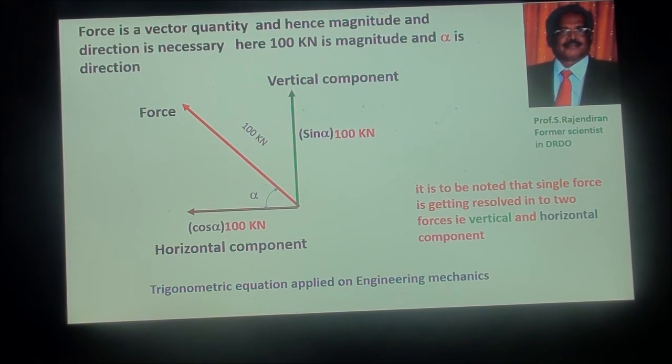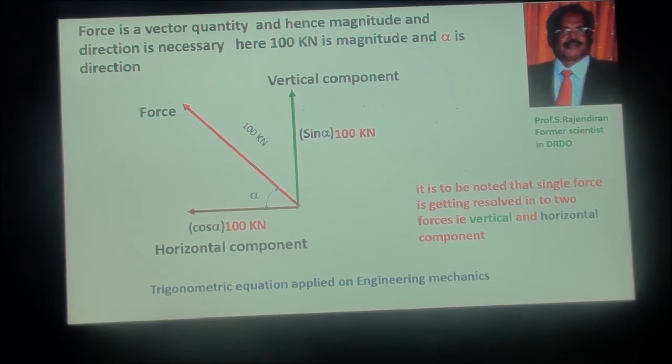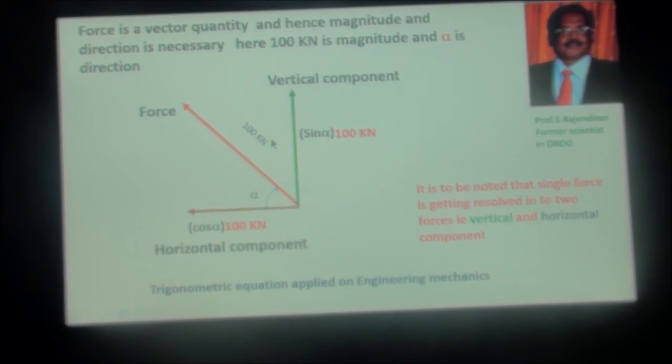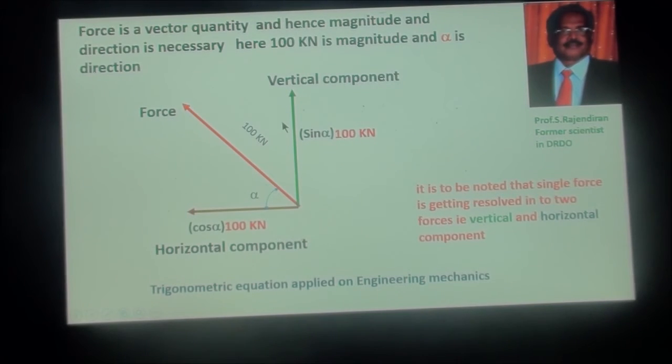Now we see that a force of 100 kilonewton is acting in this direction, or this force of 100 kilonewton is getting divided into a vertical component and a horizontal component.